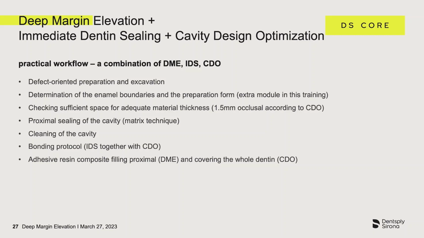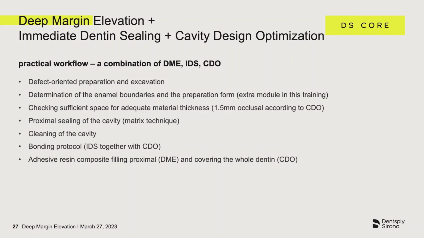It is important to check already at this stage how much shape is necessary for the later indirect restoration, and to keep in mind that we should aim for a minimum occlusal thickness of about 1.5 millimeters. Of course, we have to bear in mind that this restoration thickness can still be maintained, for example, after applying composite in the course of cavity optimization.